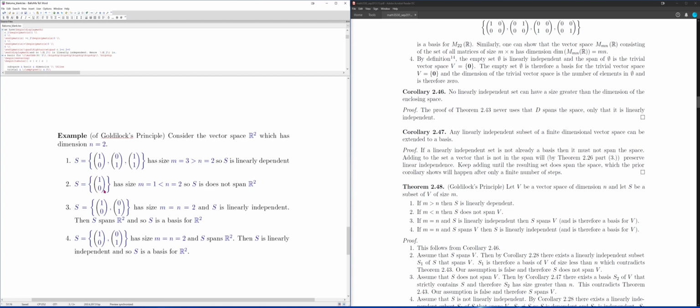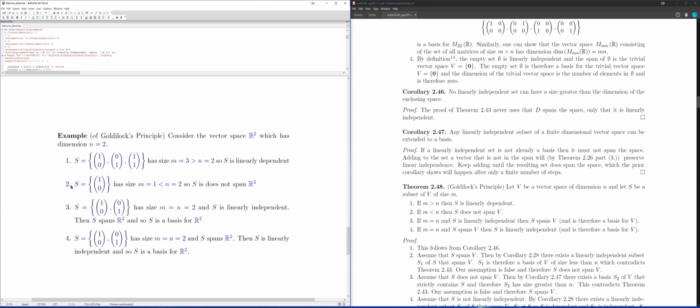What Goldilocks is saying in the second case is that if the size of your subset is less than the dimension, then your subset does not span the vector space. If you took the span of this subset, you would not get the entire vector space R2. As a matter of fact, you get the x-axis.